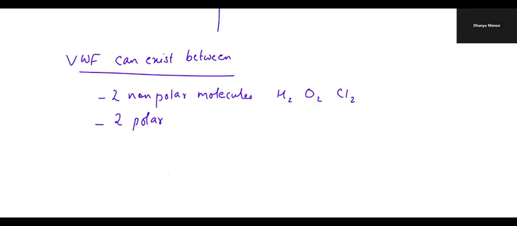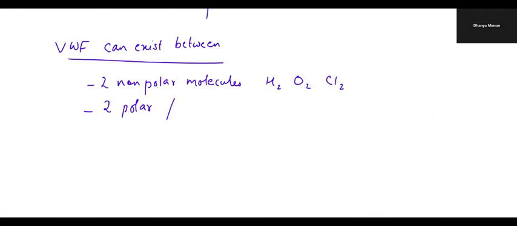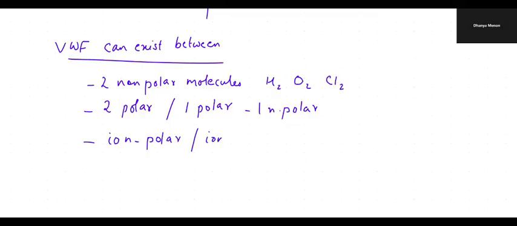Then also between one polar and one non-polar. They can also exist between an ion and a polar molecule, ion and non-polar molecule.